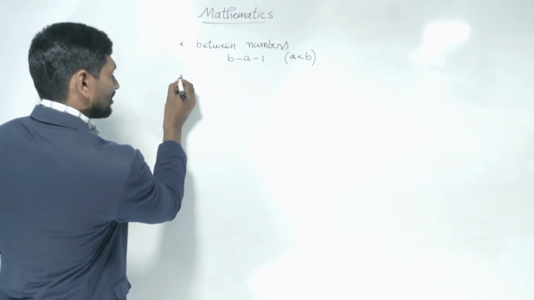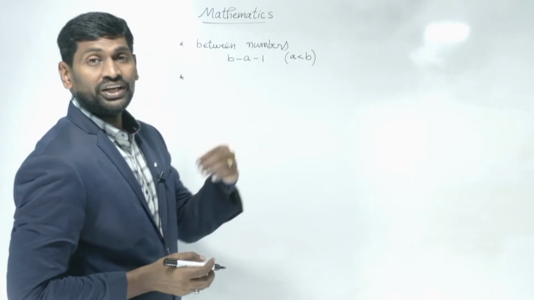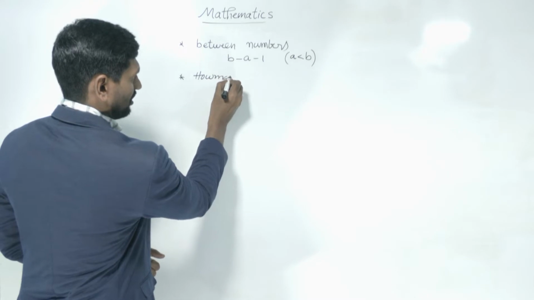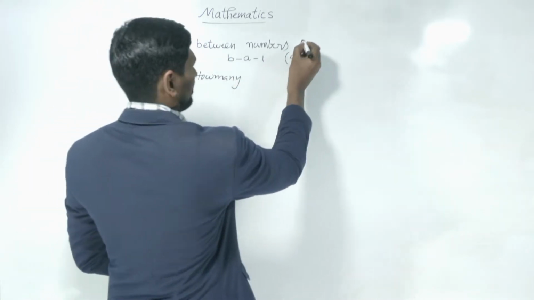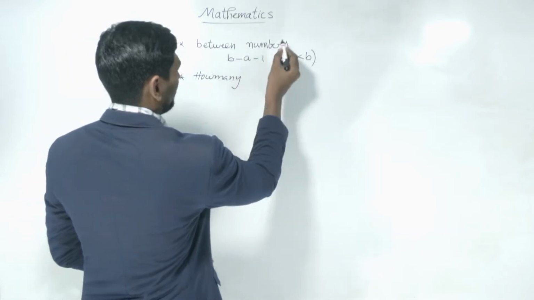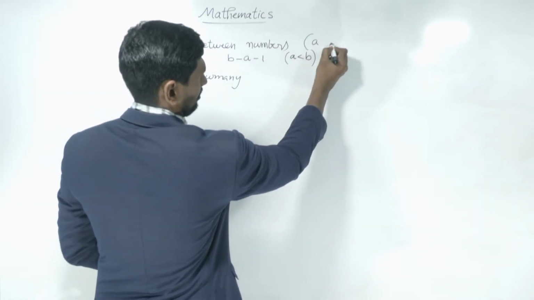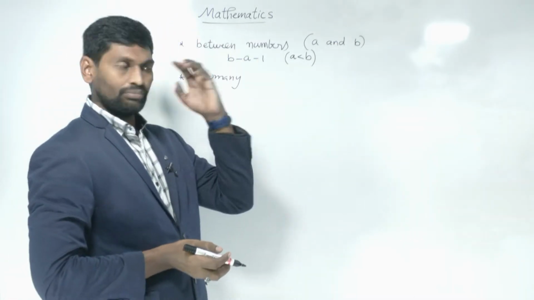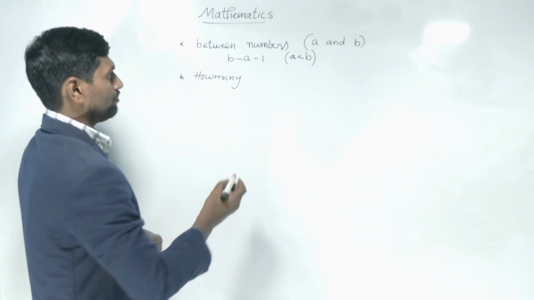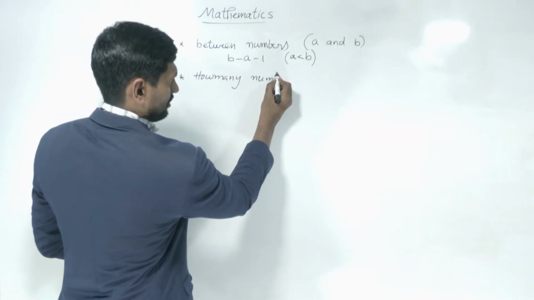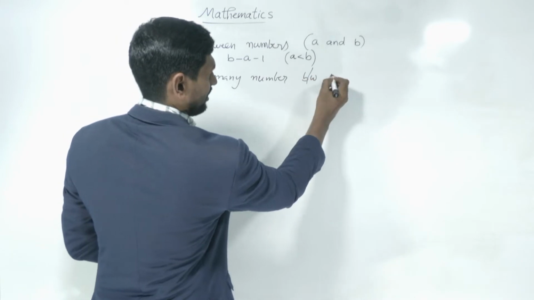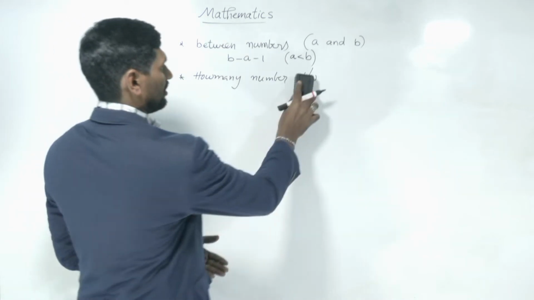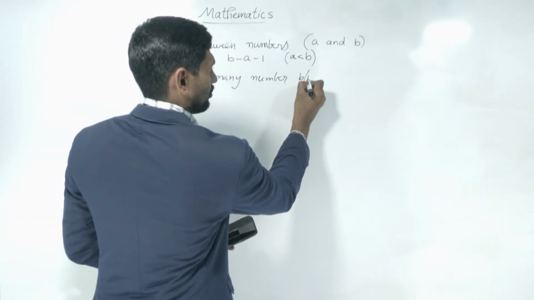And how many numbers are there from A to B? This is also one of the formulas. Between numbers is for finding the numbers between A and B. But here, how many numbers from A to B? That means we have to include A and B also.